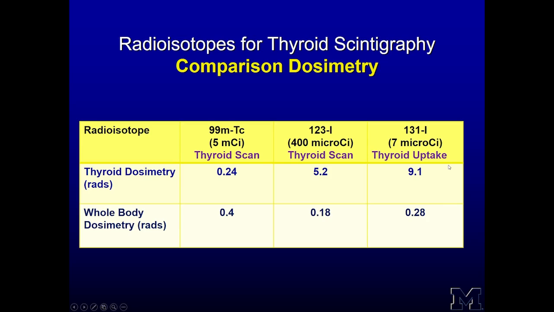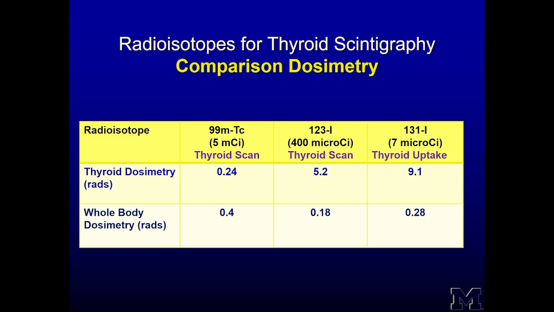As I explained before, iodine-131 is used only for thyroid uptake in patients with an intact thyroid gland, and the thyroid uptake measurement requires a minute quantity of iodine-131 of only 7 microcurie. Even at this dose the dosimetry is significantly higher as compared to technetium pertechnetate, and also higher as compared to iodine-123, due to the emission of the beta particle.